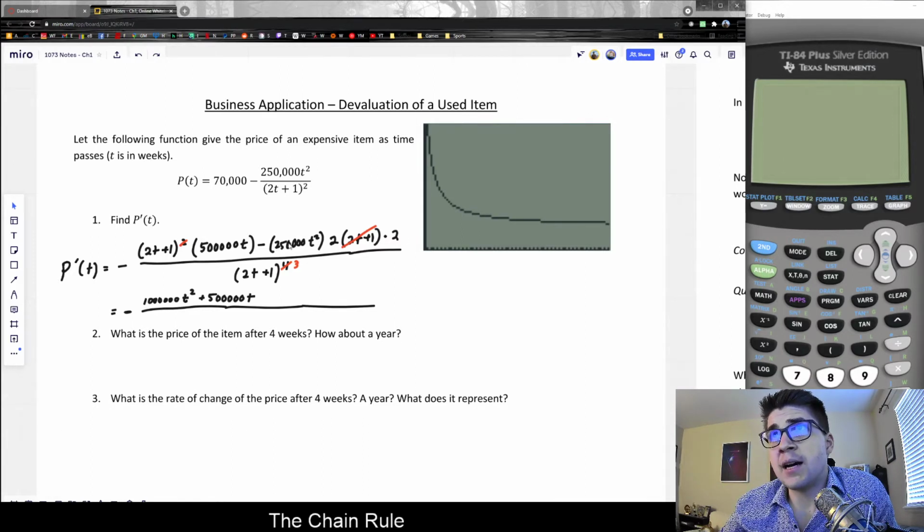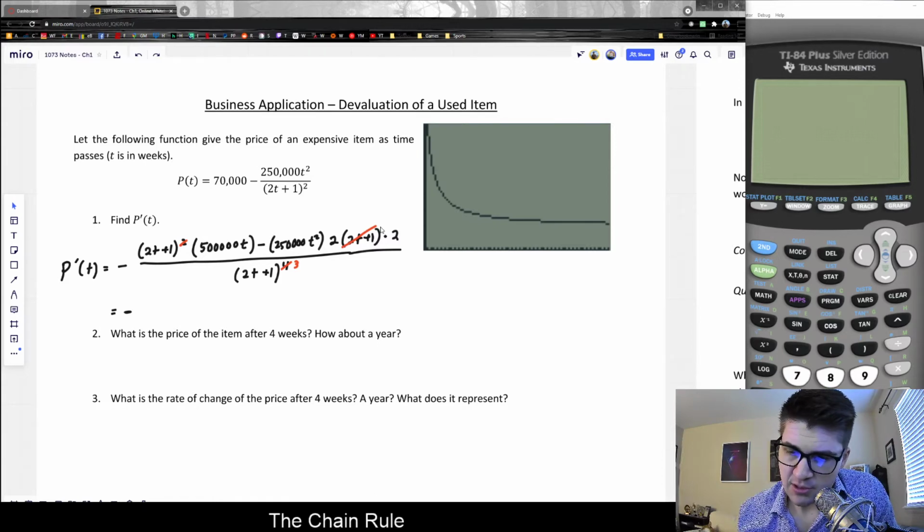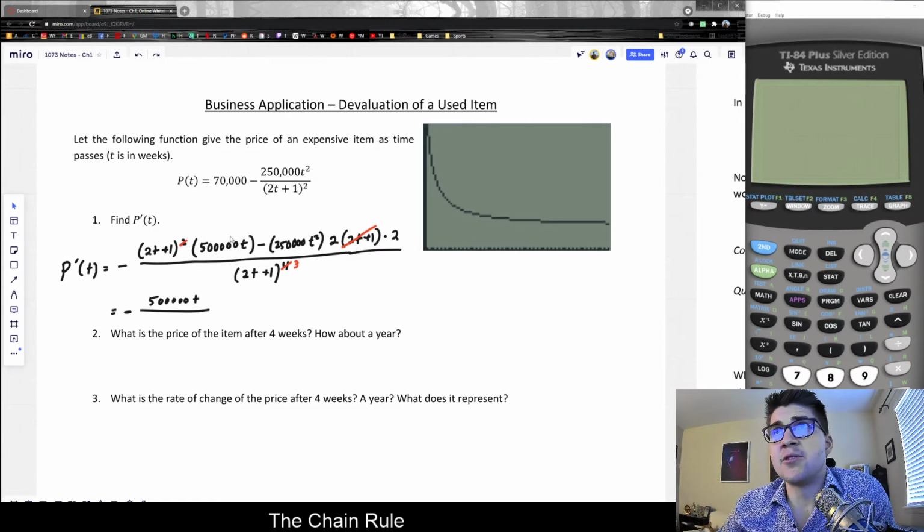This would just be minus 1 million t squared. So actually, I have 1 million t squared minus 1 million t squared. This actually becomes only the 500,000 t, since this first distribution cancels with all of that. And then that would all be divided by 2t plus 1 cubed.